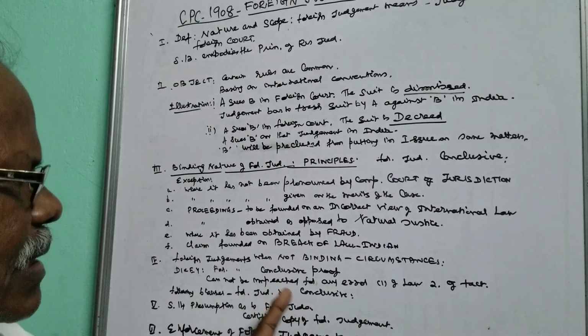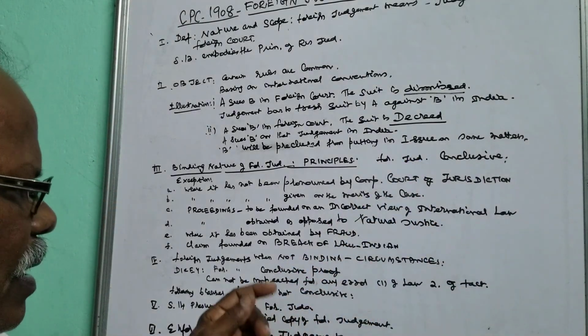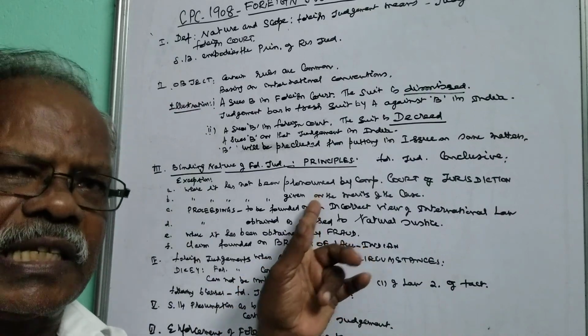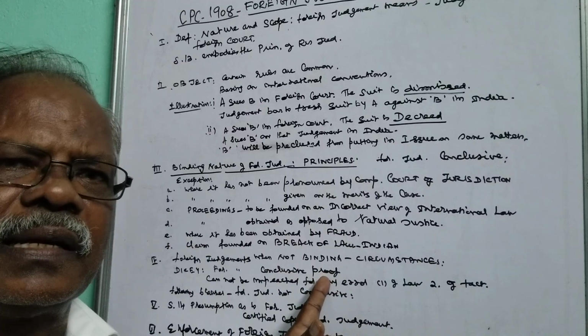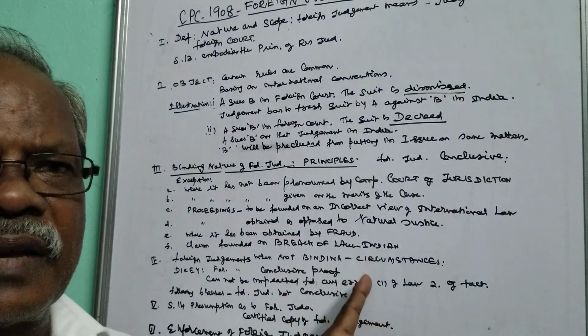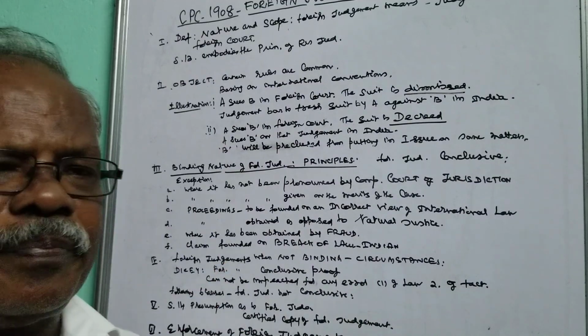Then the same 6 points are applicable to foreign judgments which are not binding. There we told them as exceptions; here they are the circumstances under which the judgments are not binding.